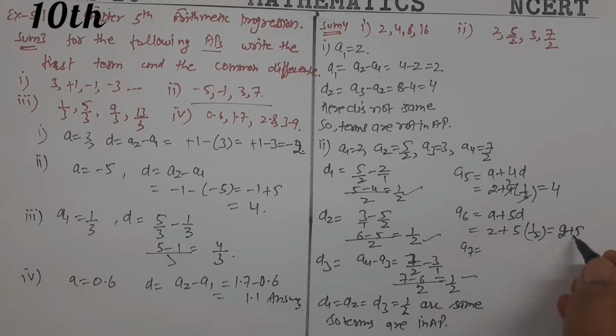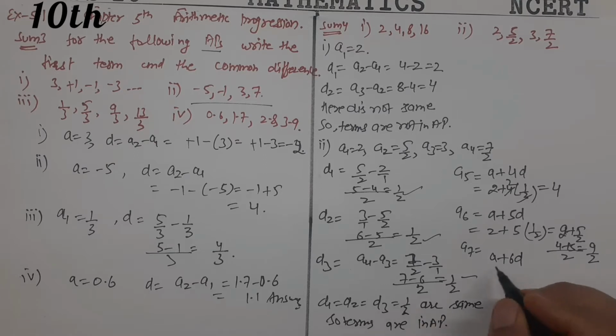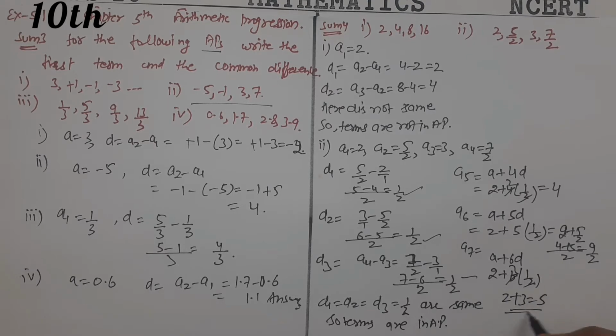We have 9/2. a7 is a plus 6d, put the values. We have 5. So the 3 more terms are 4, 9/2 and 5.